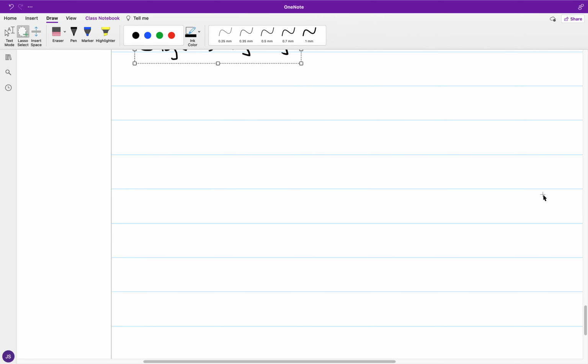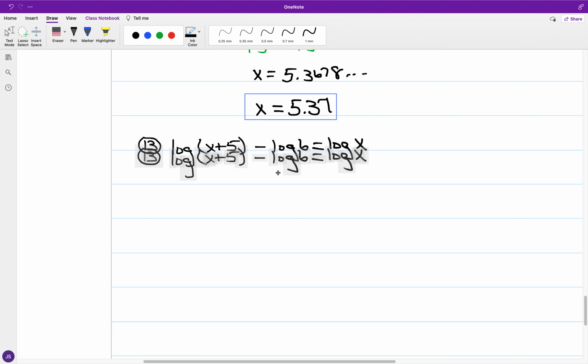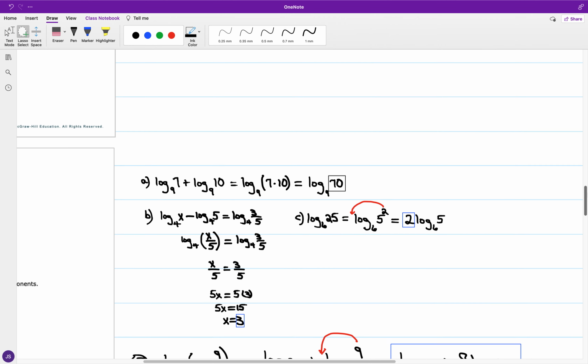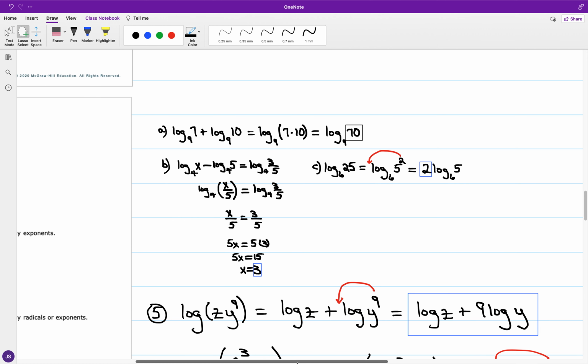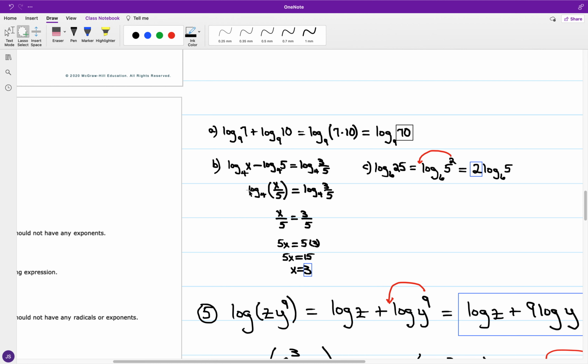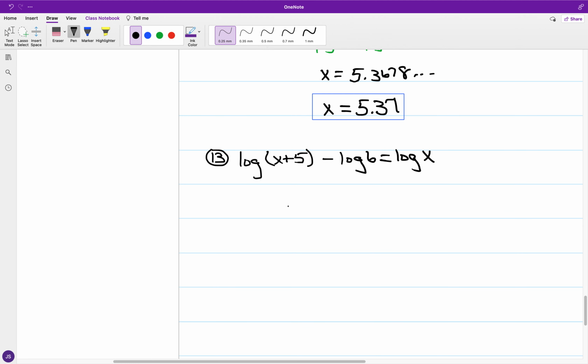Just reminiscent of what we had in the very early stages, like when we looked at the base 4 logarithm of x minus the base 4 logarithm of 5, we compile it as a single base 4 logarithmic term, the base 4 logarithm of x over 5. And for 13, we're combining this time as a base 10 logarithmic entity.